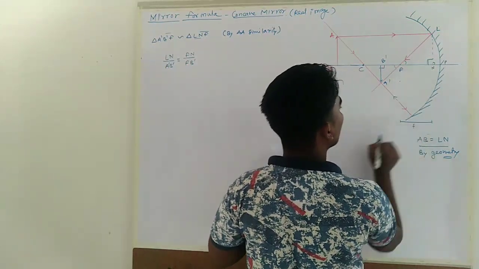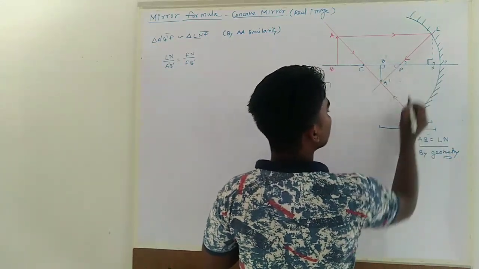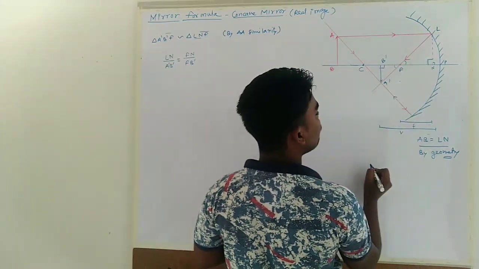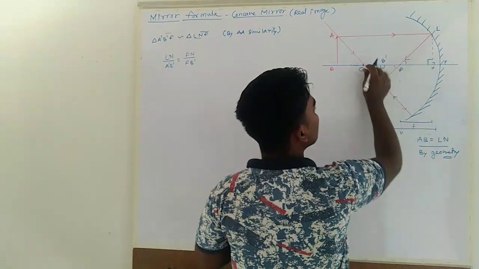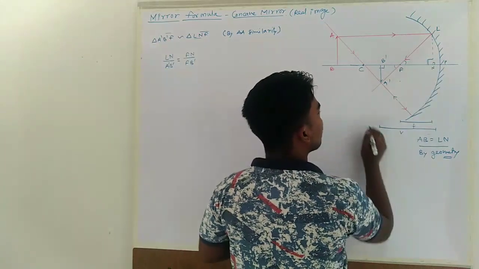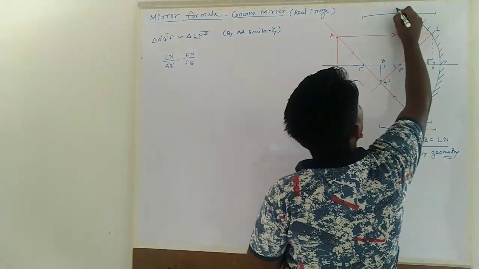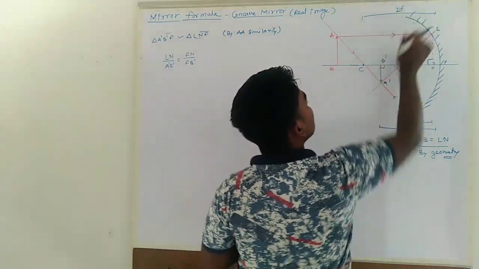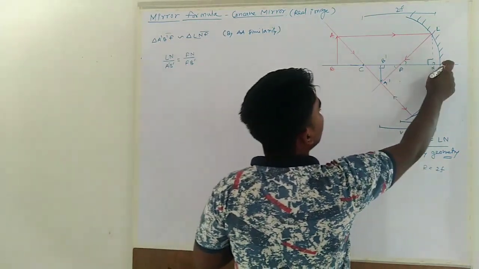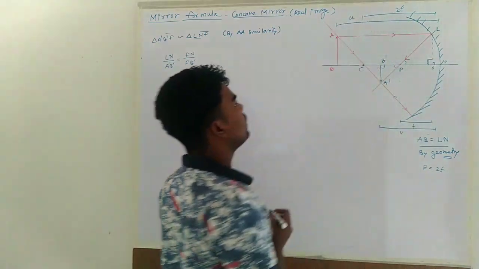PF is your focal length, and this distance PB dash is your image distance, so you can write V. Then C to P, center of curvature to pole, this will become R. So R is equal to 2F, we have the relation R is equal to 2F. And this distance is your image distance.